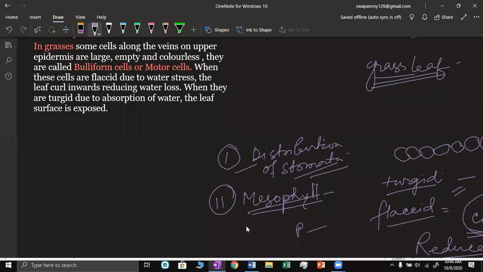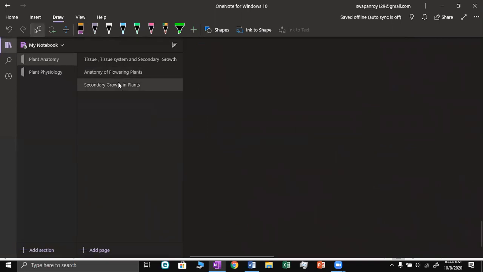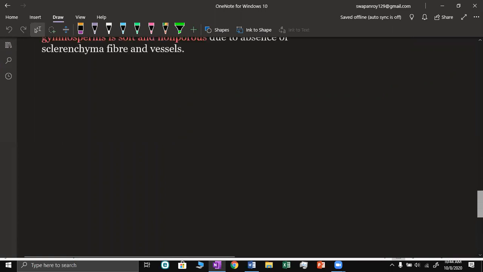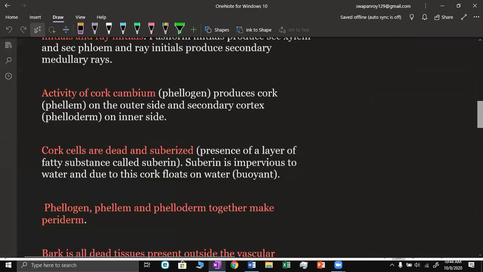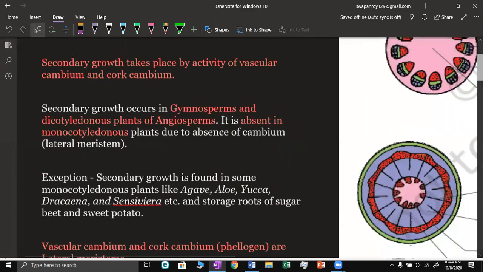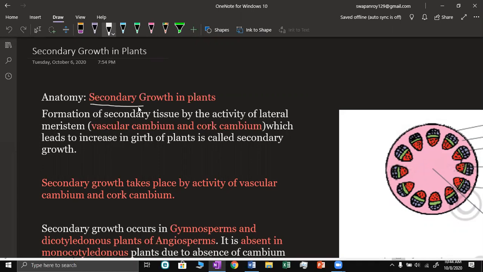Okay, next, after this internal structure, we will come to the next thing, that is secondary growth in plant.